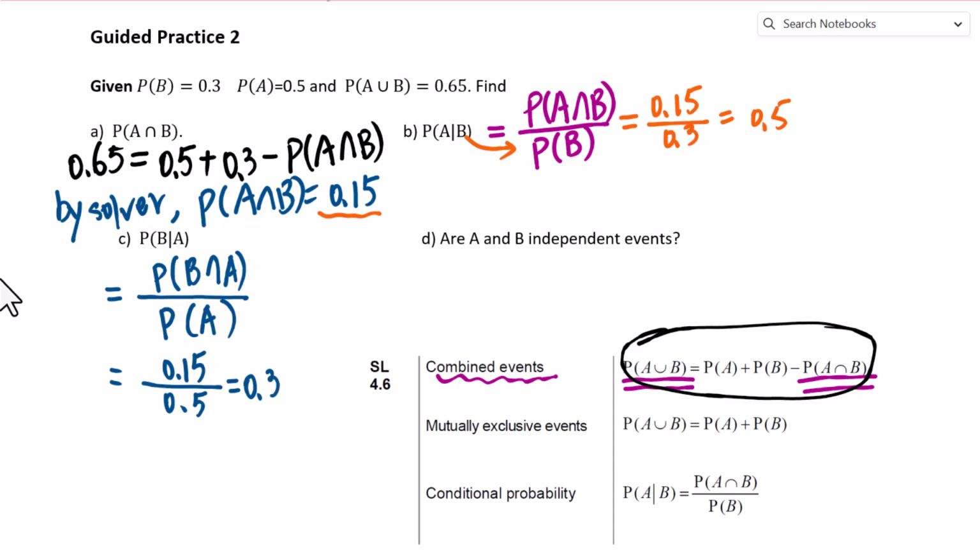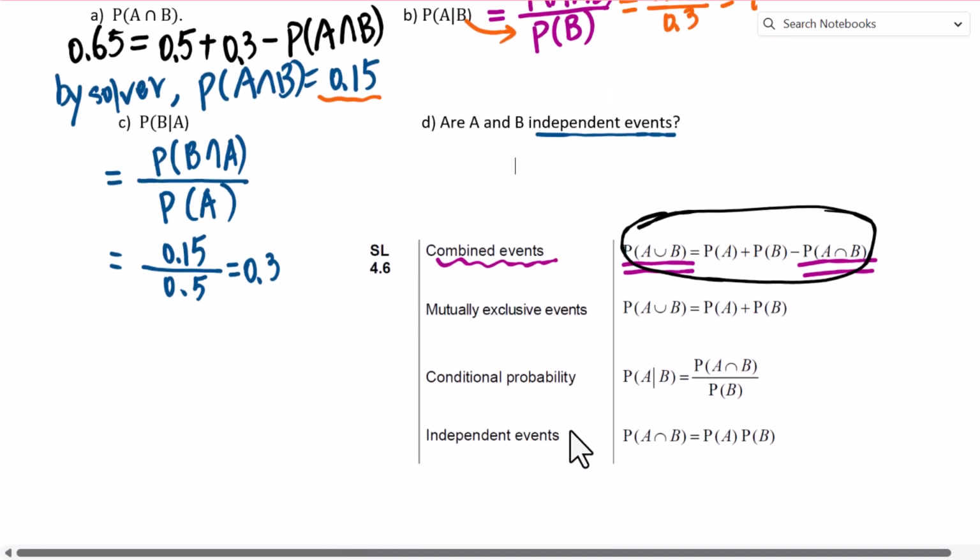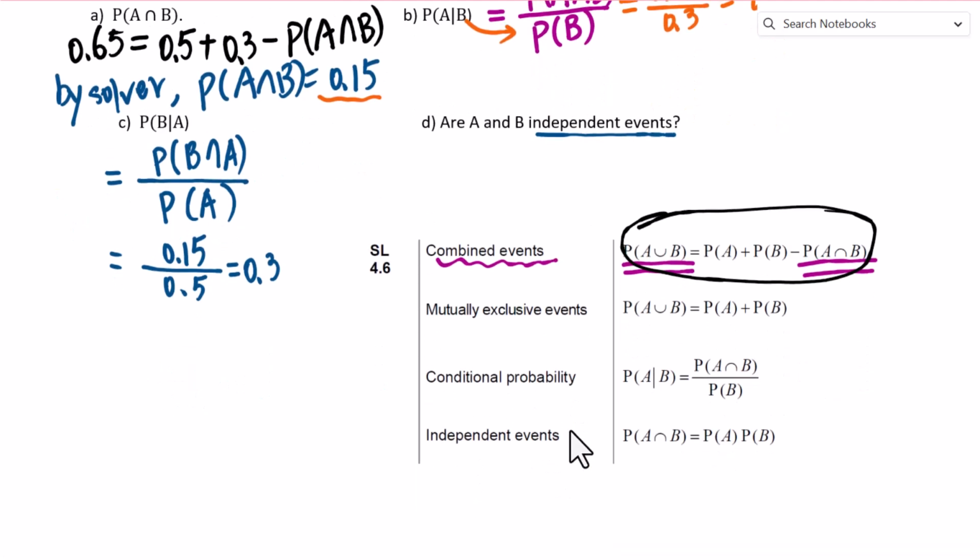Let's go to D. Are A and B independent events? Let's check the definition of independent events. If probability of A intersection B equals the probability of A times the probability of B, we call A and B independent events.